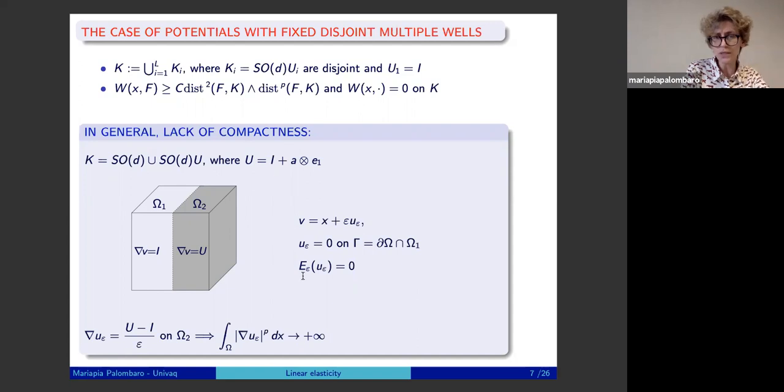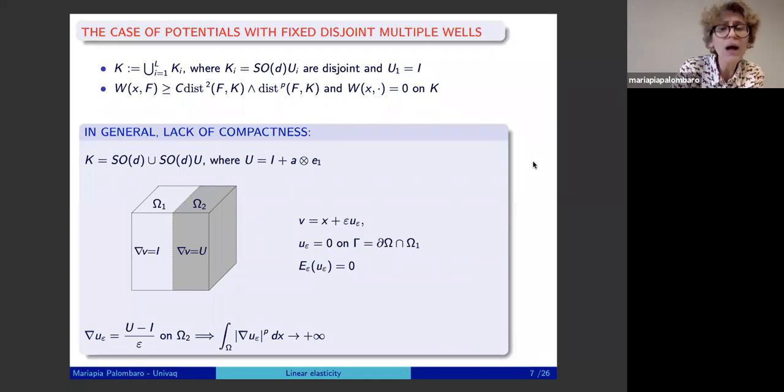The energy, of course, is 0 along this sequence, but the gradient of the displacement is of order 1 over epsilon, and therefore the gradient of u_epsilon cannot be bounded in L^p for any p. The L^p norm of the gradient of u_epsilon diverges as epsilon goes to 0, right? So in general, unless strong incompatibility assumptions are made, we cannot expect compactness.